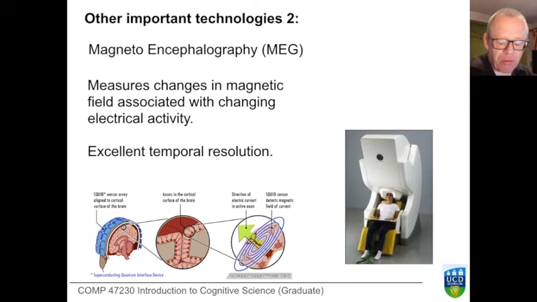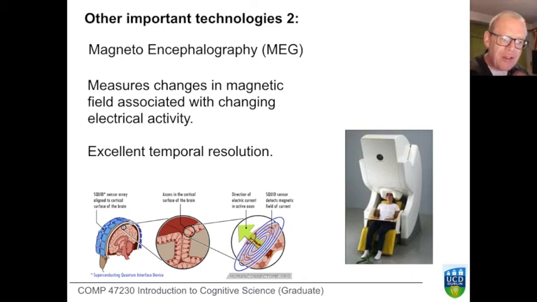Just as we can record the electrical activity of the brain using EEG, we can record the magnetic fields that are associated with it using MEG, which looks like this big hairdryer device stuck on top of the head. This provides excellent temporal resolution, as EEG does as well, with reasonable spatial resolution. Subjects can remain seated like this. In that particular lab in Finland, we have multiple MEGs together so people can look at each other.